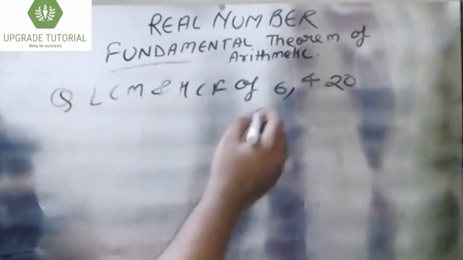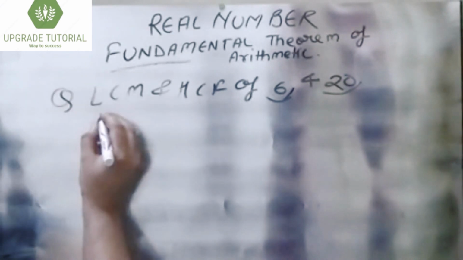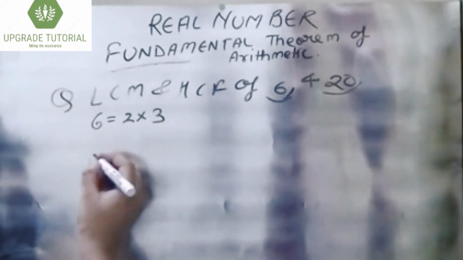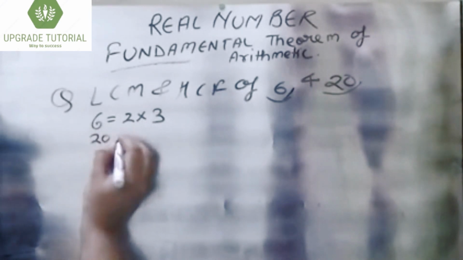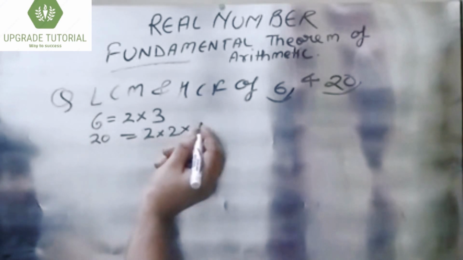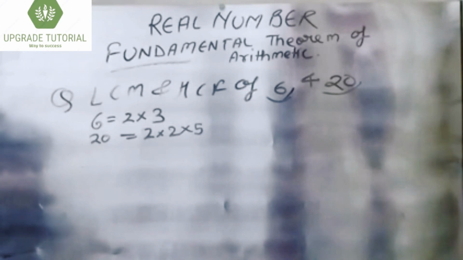Then what we have to do first is find the factors of these two. Then 6 is equal to 2 into 3 and 20 is equal to 2 into 2 into 5. These are the prime factorizations of 6 and 20.